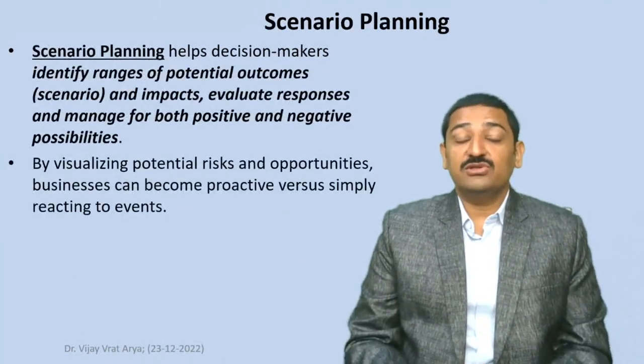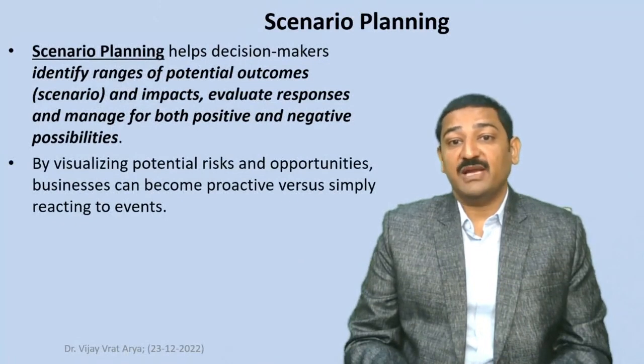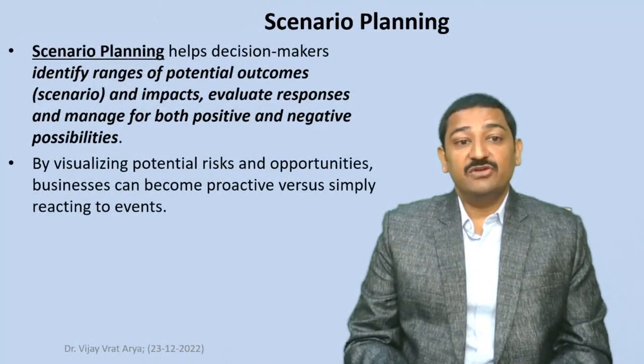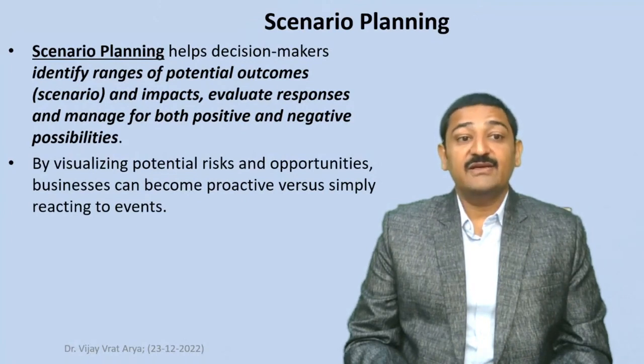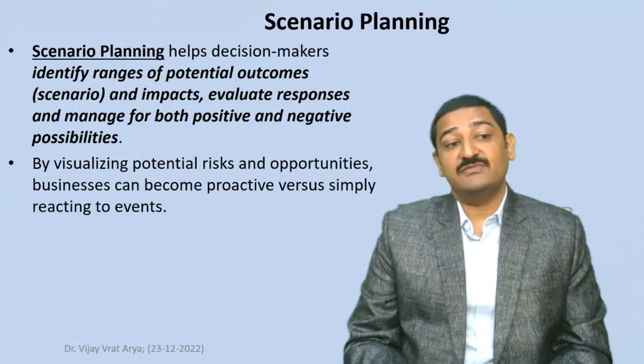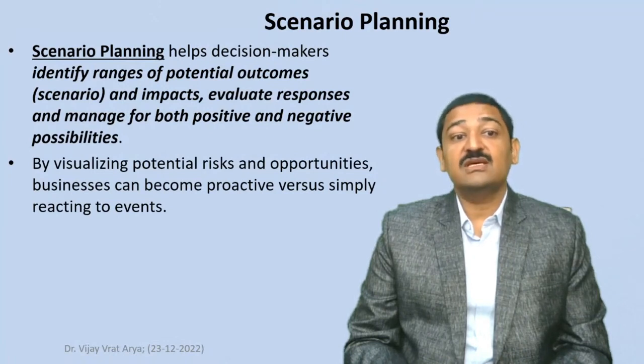Apart from that, we also have the concept of scenario planning, which helps decision makers to identify ranges of potential outcomes or say scenarios and impacts, evaluate responses and manage for both positive and negative possibilities.